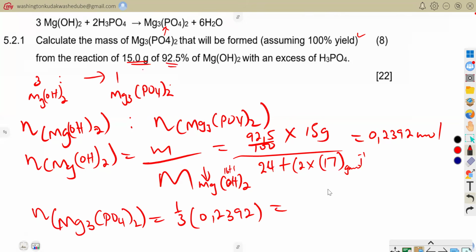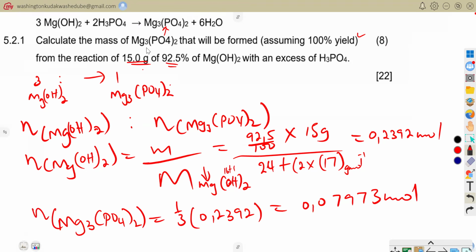And this is equal to 0.07973 moles. So this is the number of moles of magnesium phosphate that is produced.